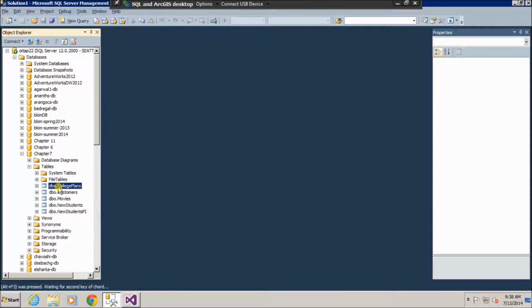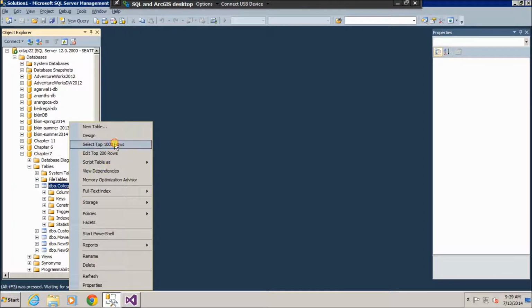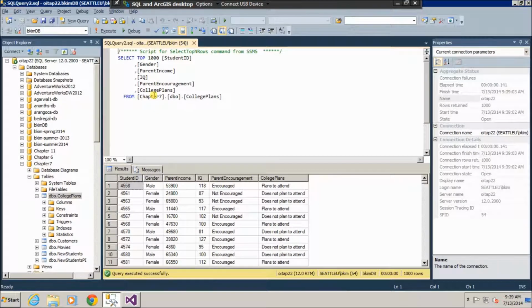The first one is classification. Let's look at the data over here. As you can see, we have the data of gender, parent income, IQ, and parent encouragement, and also the college plans. Using these data points, we want to predict whether the person is likely to go to college or not, like plans to attend or does not plan to attend.